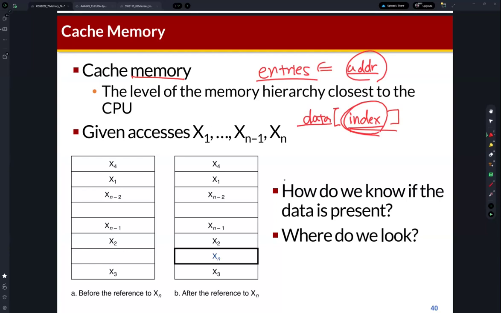A cache is the same. A cache is memory, right? It's a temporary, small memory. So in order to access the data in a cache, we need to use the index of the data element in the cache.